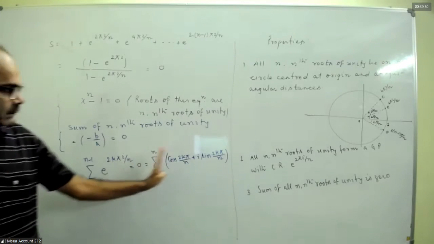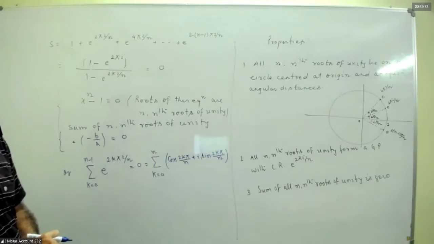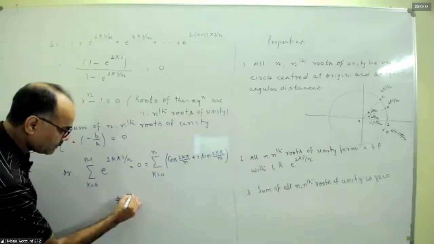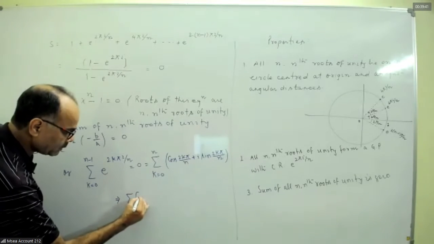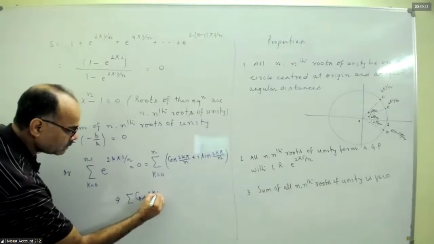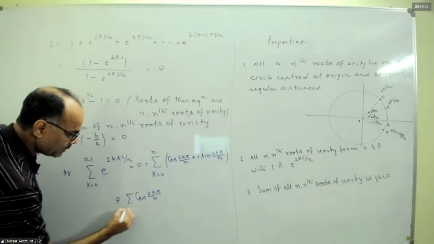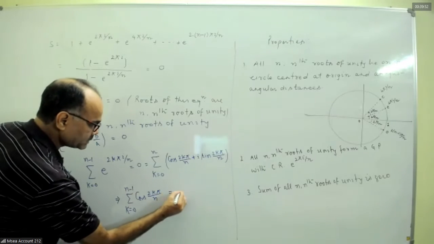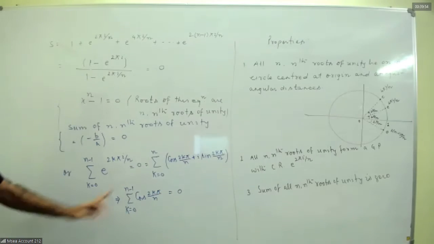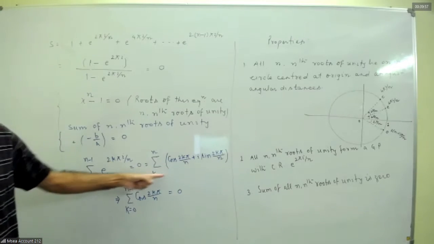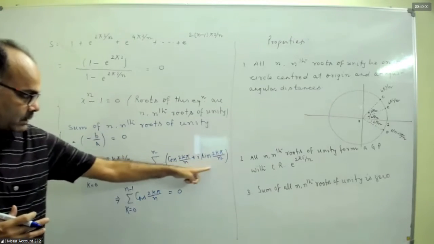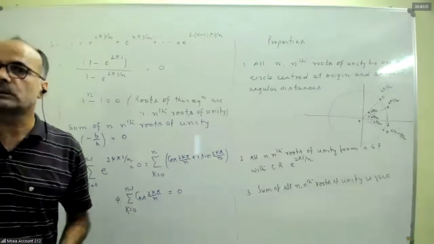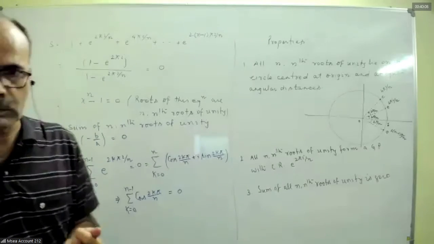Now, if a complex number is 0, its real part will be 0. Summation of cos 2k pi by n, k going from 0 to n minus 1, equal to 0. The real part of this whole complex number after addition has to be 0. If a complex number is 0, its real part is 0, its imaginary part is 0.